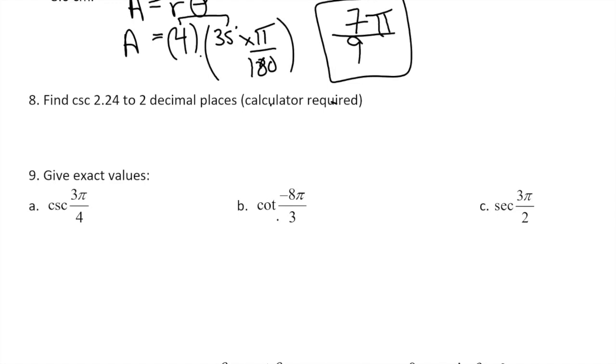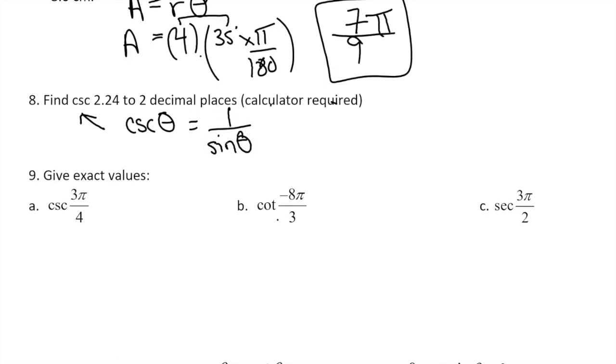Find cosecant 2.24 to 2 decimal places. The reciprocal of cosecant is sine, and we know that sine of theta is equal to 1 over cosecant theta. That also means that cosecant theta is equal to 1 over sine of theta.